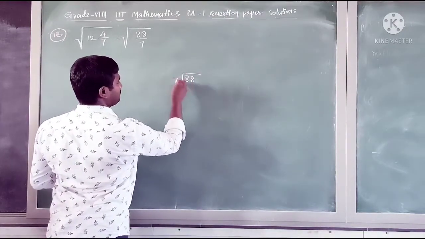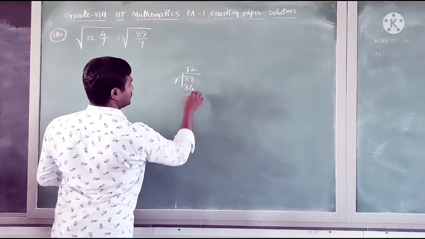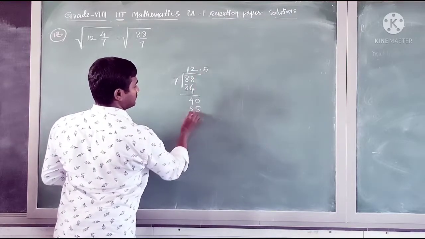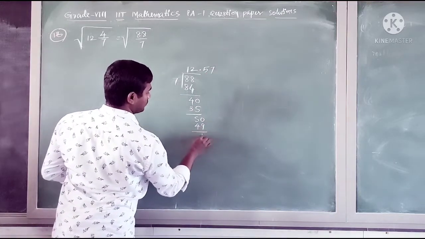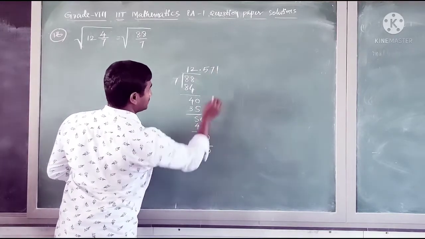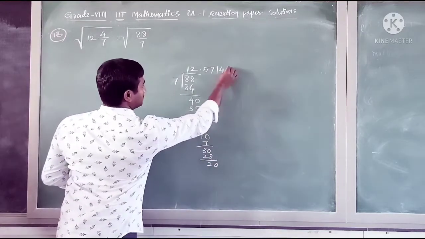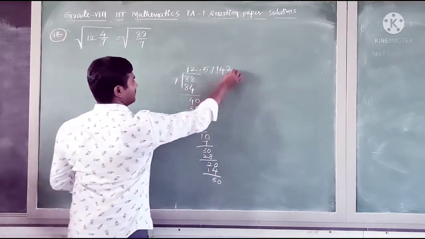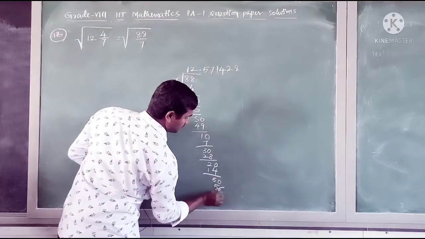If you write 88 by 7 in decimals: 7 12s are 84 and 4, keep the decimal point, 0. 7 5s are 35, 5 0, 7 7s are 49, 1 0, 7 1s are 7, next 3 0, 7 4s are 28, 2 0, 7 2s are 14 and 6 0, 7 8s are 56 and 4 0.